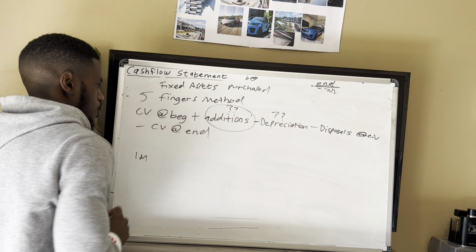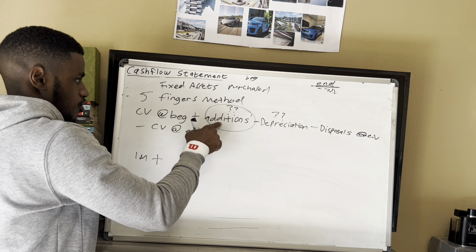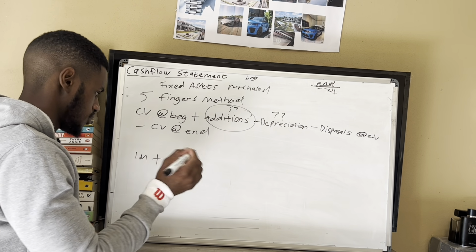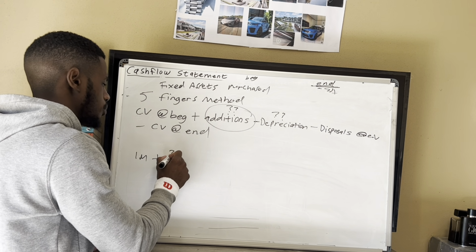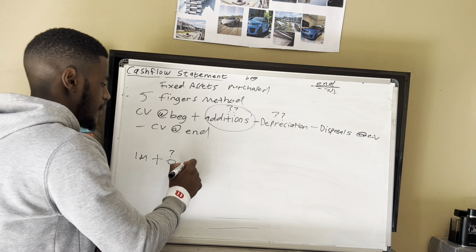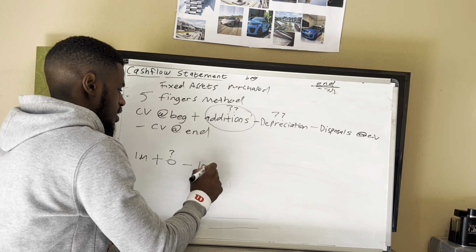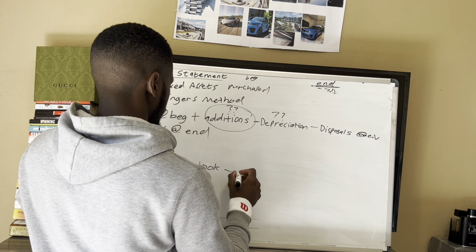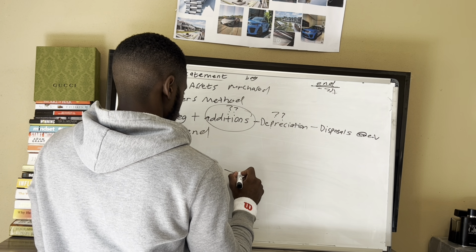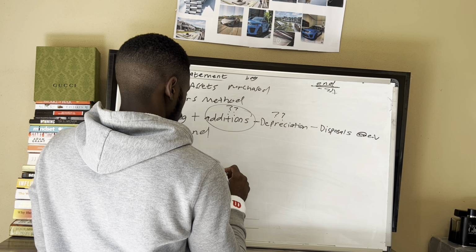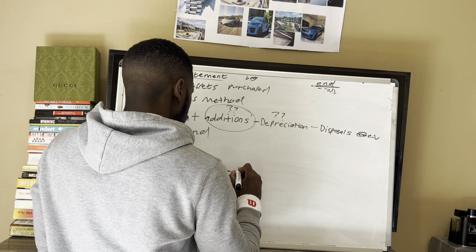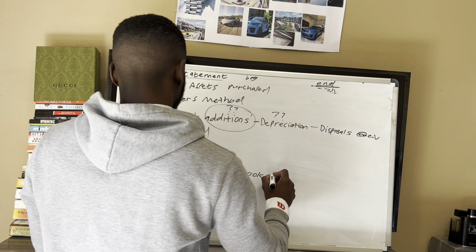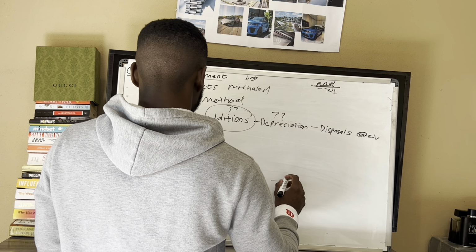We'll put the amount, if it's 1 million, plus, follow the formula, plus additions. We don't have additions. That is what we are looking for. We're just going to say plus 0 because we are looking for it. Minus your depreciation. Maybe your depreciation is 100,000 you are given. Then minus your disposals at carrying value, using the information that we talked about in our fixed assets, maybe another 100,000, minus carrying value at the end.